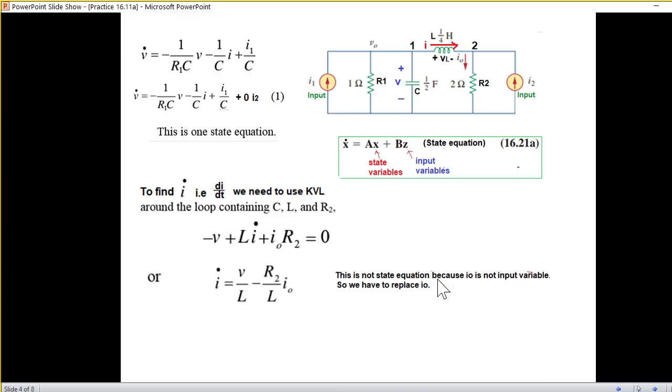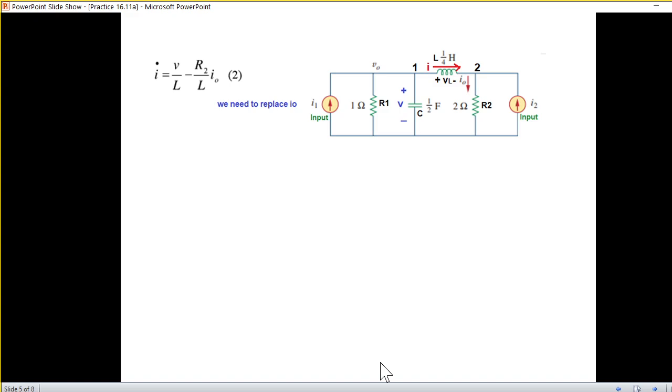This is not a state equation because I0 is not an input variable. So we have to change it to the input variable. And how do we replace I naught? We have from node 2, you can see we are here now.